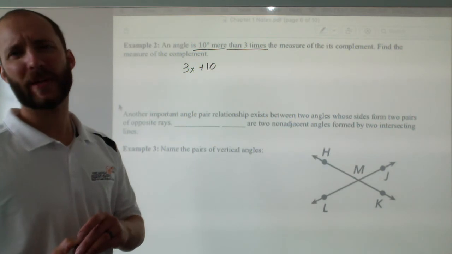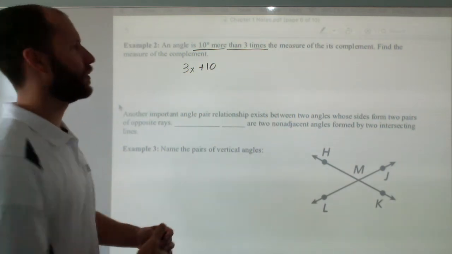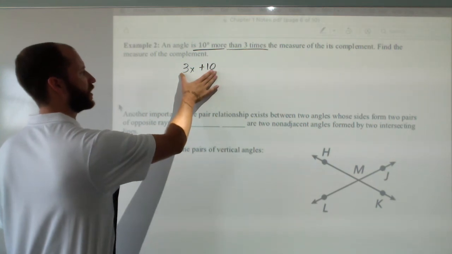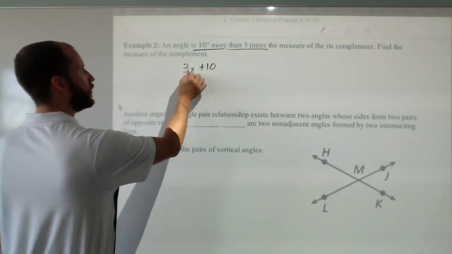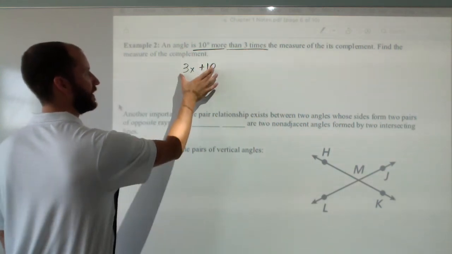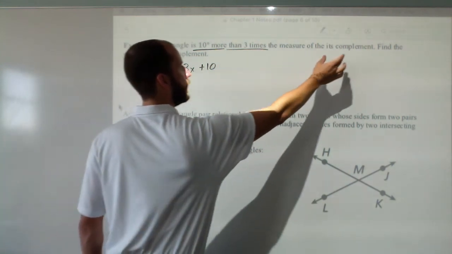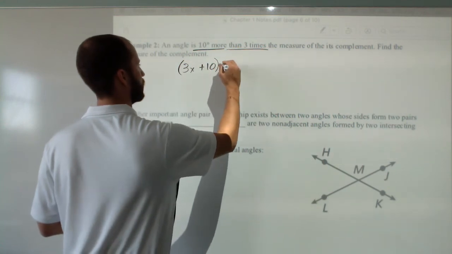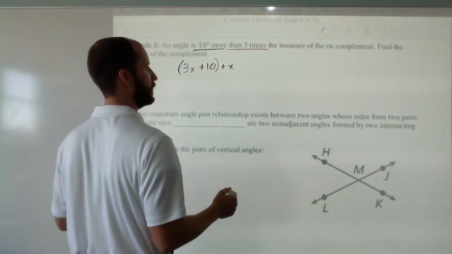Well, you got to think, okay, what do we have to refer to as the complement? Well, we have all of this, plus 10, 3x, but it's all in terms of this x. So an angle is this guy right here. The complement is another x value.